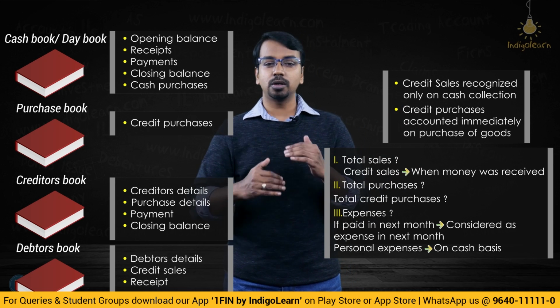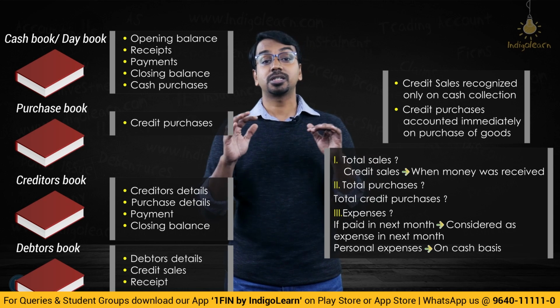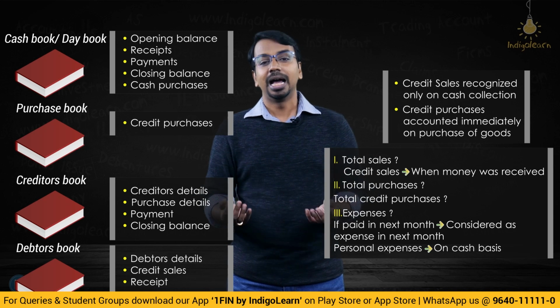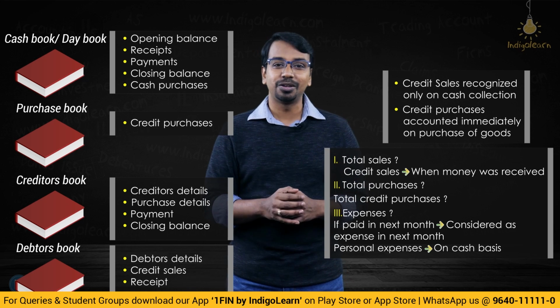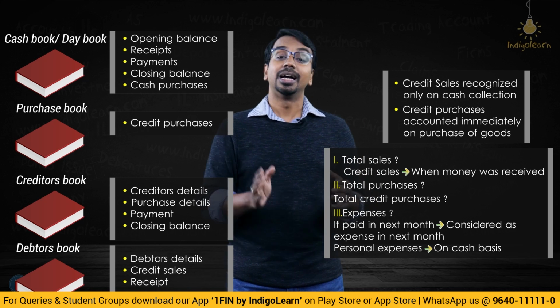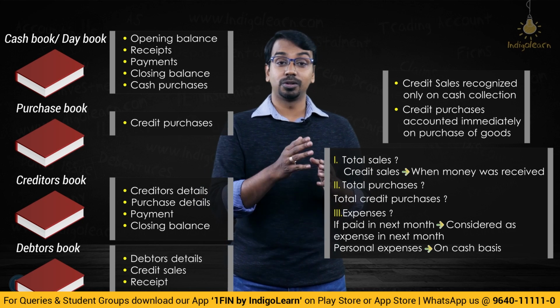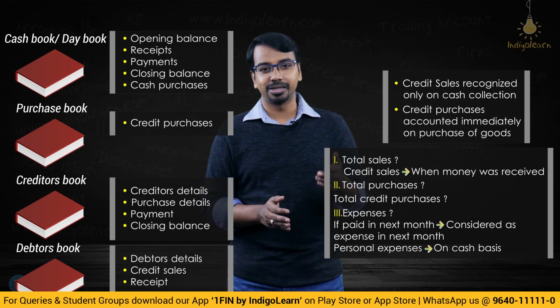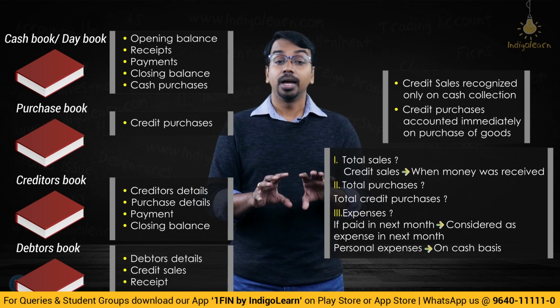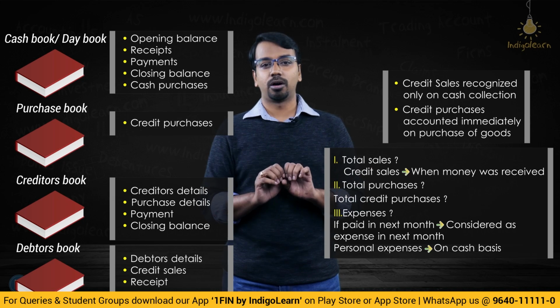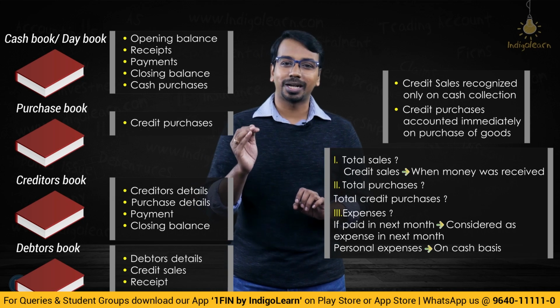Because of all this, when I first learned accounting and thought I would figure out how much profit we earn every year, it was not easy for me. It was very difficult till the time I got introduced to this chapter, which was single entry system or accounting from incomplete records. Now, if you see, a lot of information is recorded, but it is not complete.